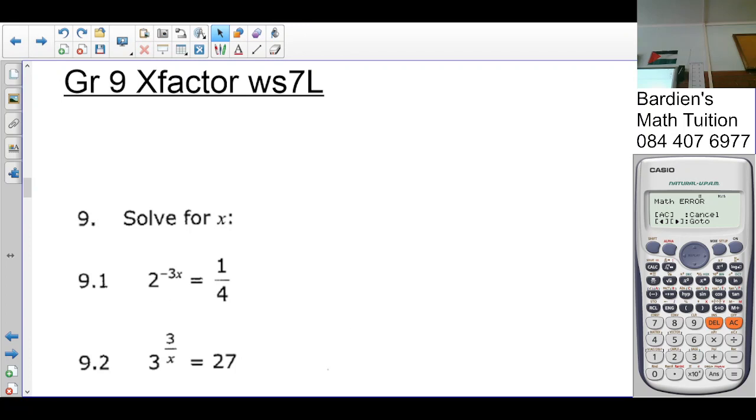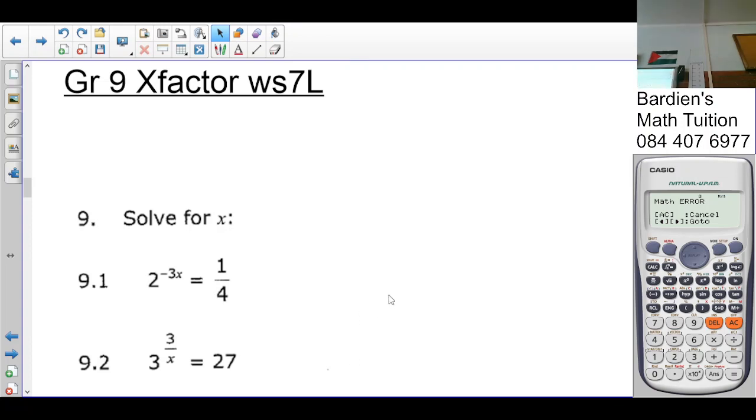Who did these 2 sums already? Nobody. Whoever gets both sums right gets chocolate, the first person. I'll give you a small one so that you don't fall in love with me. No, you can't get that. Okay, I'm going to pause the video now.